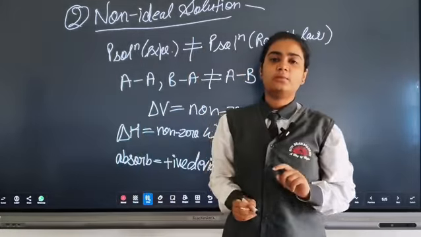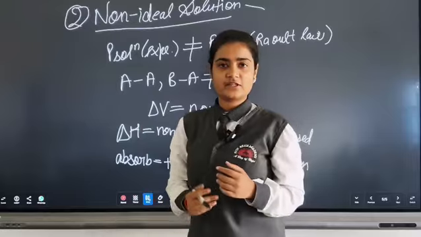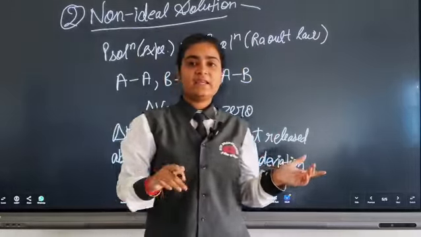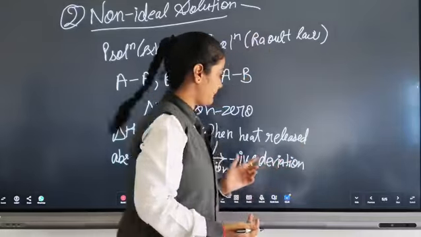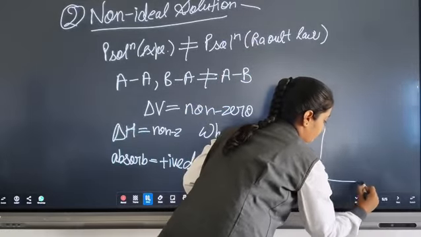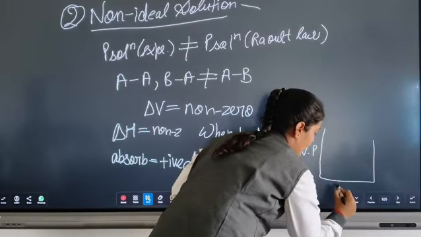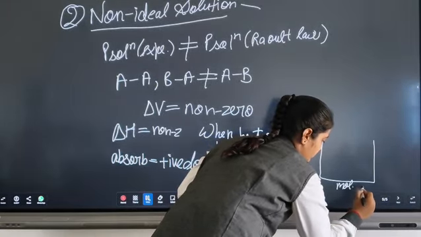Now let's discuss positive deviation and negative deviation in simple terms. Positive deviation is nothing but when the graph extends outward. Here the axes are vapor pressure and mole fraction.